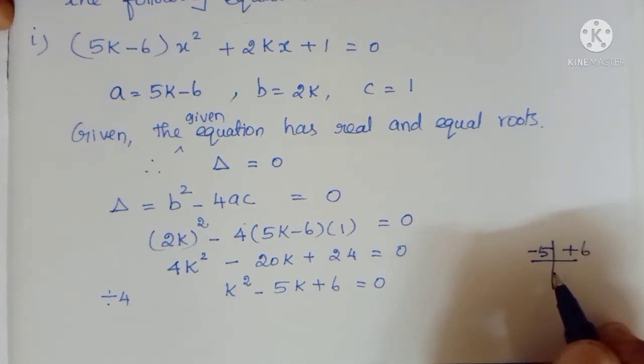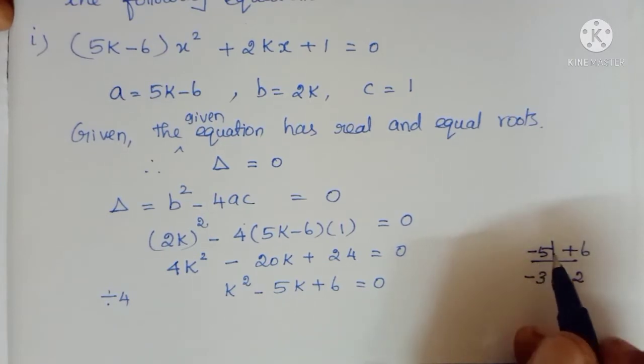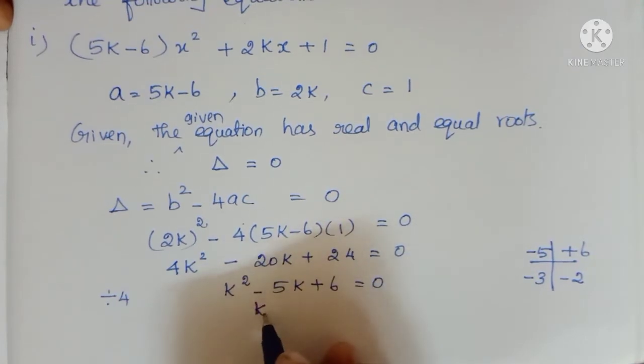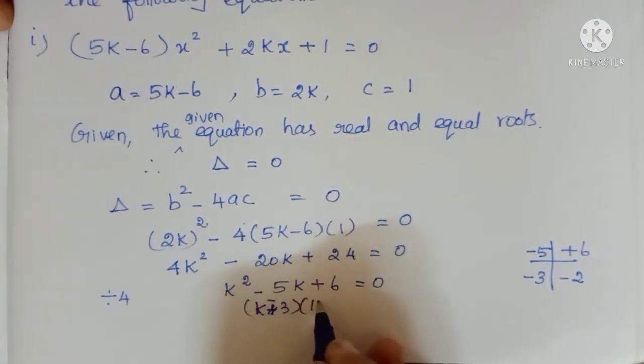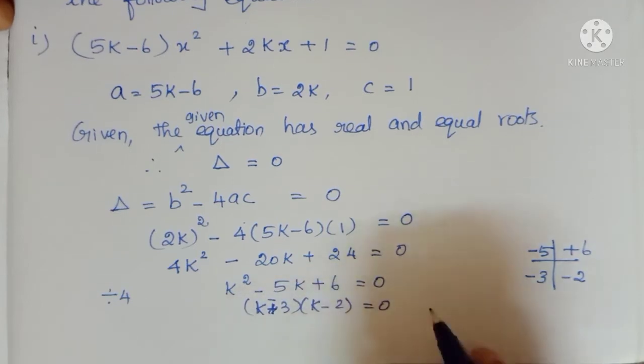So we can select two numbers. So I am going to take here minus 3 and minus 2. See, minus 3 minus 2 add means you will get minus 5. Multiply these two, will get plus 6. So we can write this one as k minus 3 into k minus 2 equal to 0. So each product equal to 0 means each bracket value we can say equal to 0.